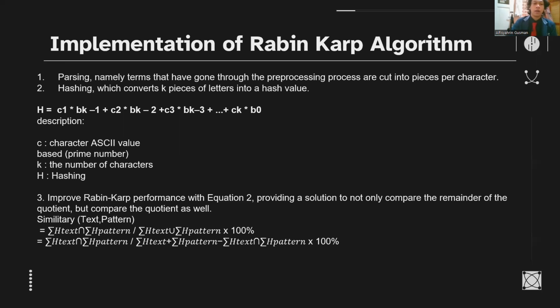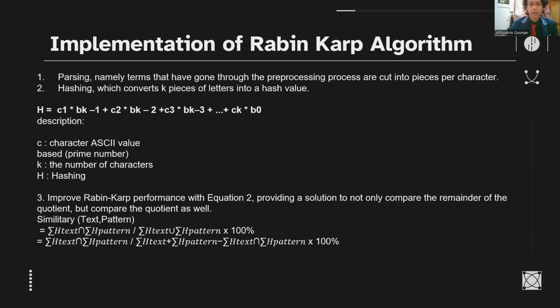Okay. After that, to improve the Rabin-Karp performance, we will use equation 2, the similarity formula. So this is the similarity formula.